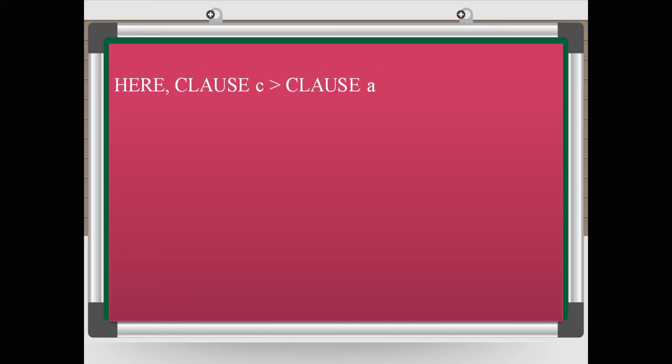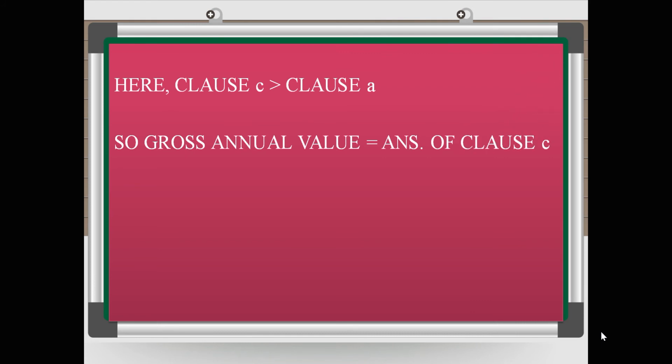Because we don't need to find out revised clause C. That means what? The answer of clause C is our final answer or gross annual value.